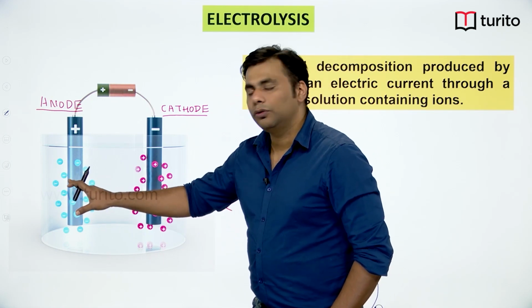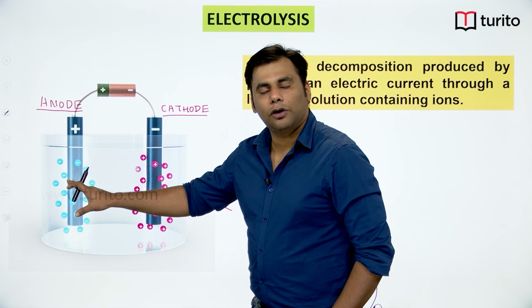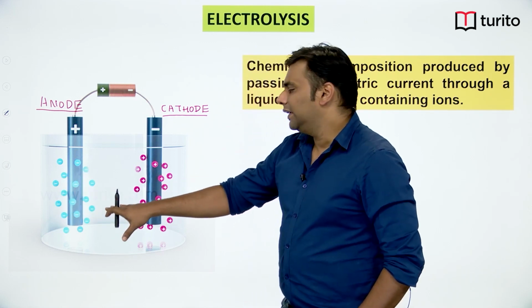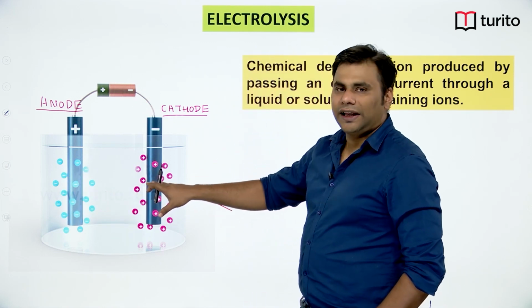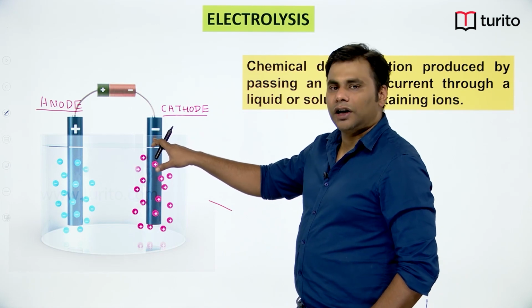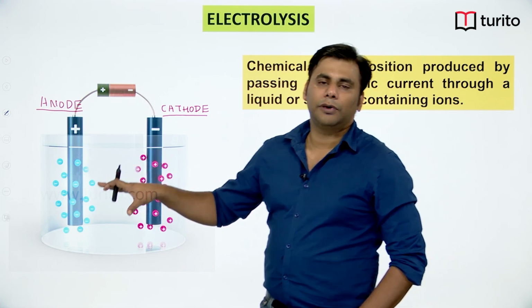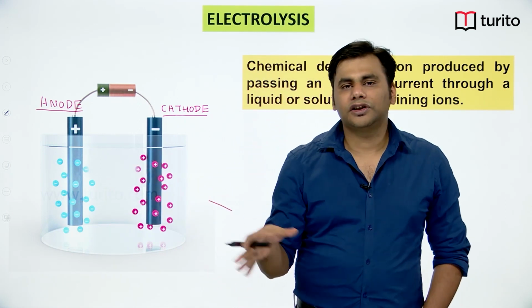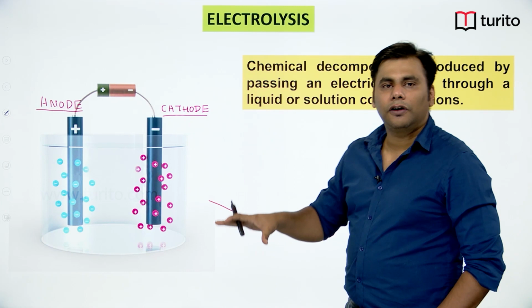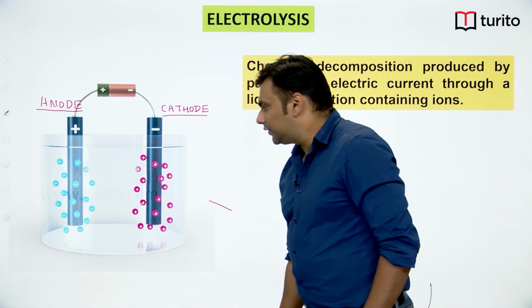The anion migrates towards the anode and undergoes oxidation, and the cation migrates towards the cathode, which has a negative charge, and undergoes reduction and gets deposited at the respective rods. So this is the basic diagram of an electrolytic cell. Hope this is clear to you.